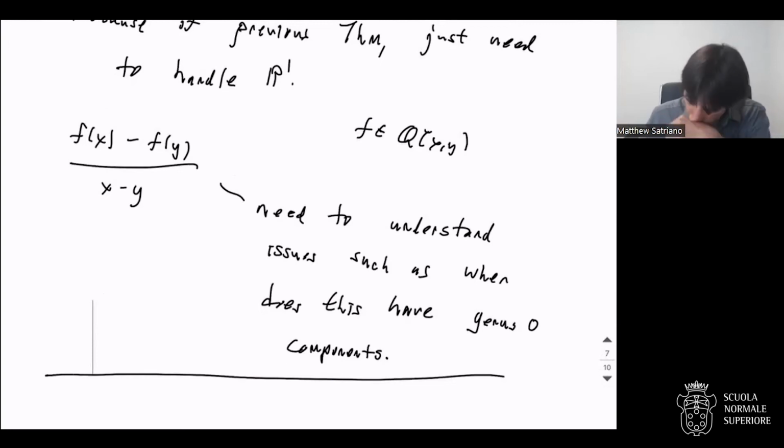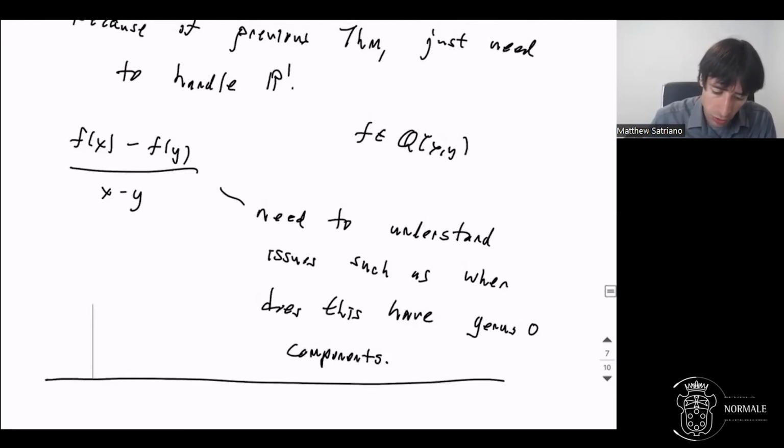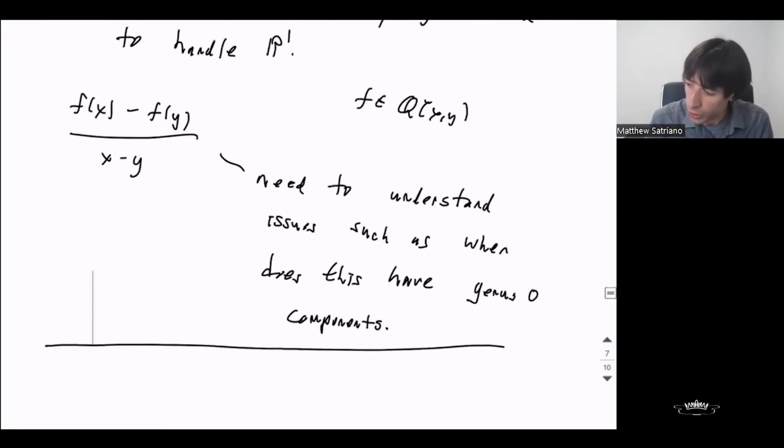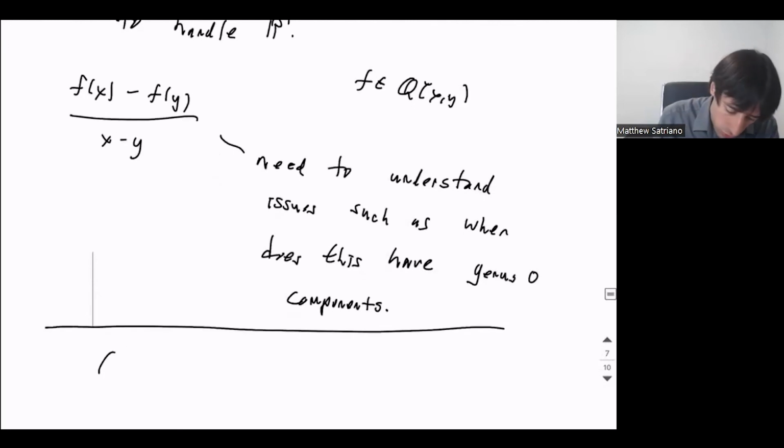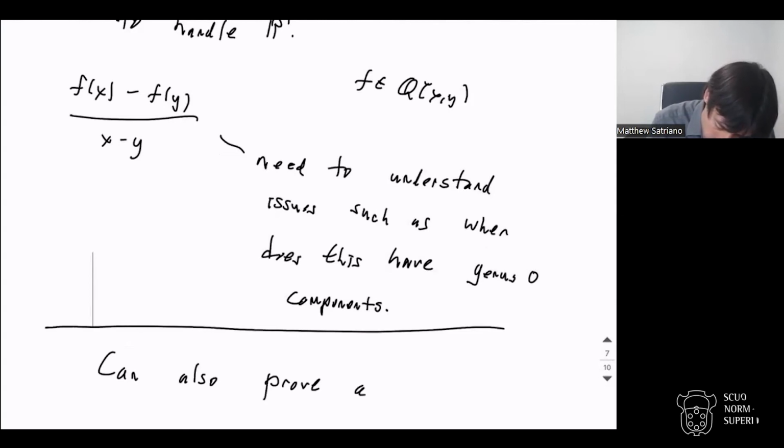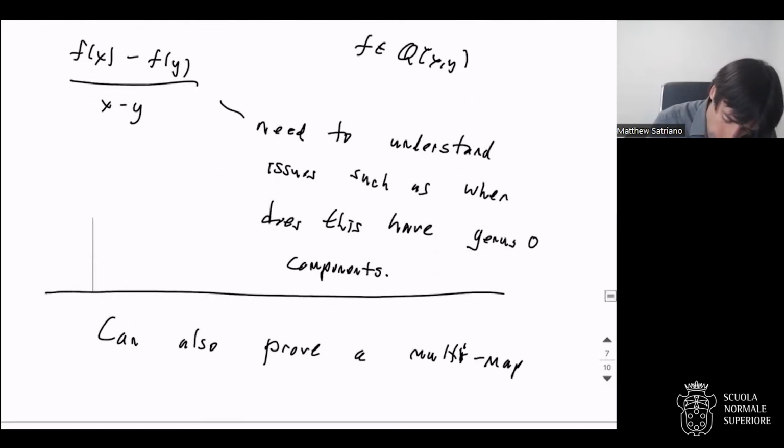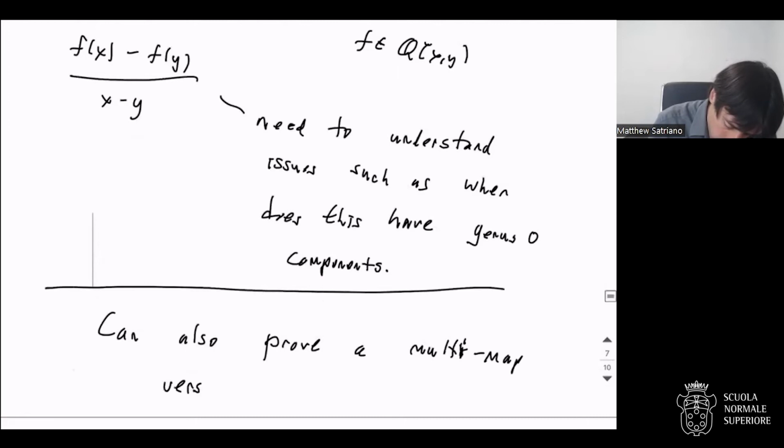Okay, so we can actually show a little bit more than this, which is we can also show a multi-map version of this. So, you know, i.e. a semi-group that you're considering.